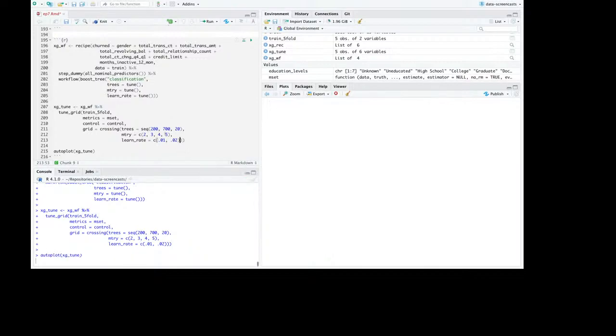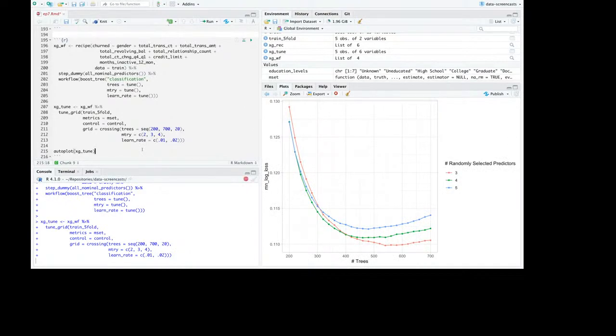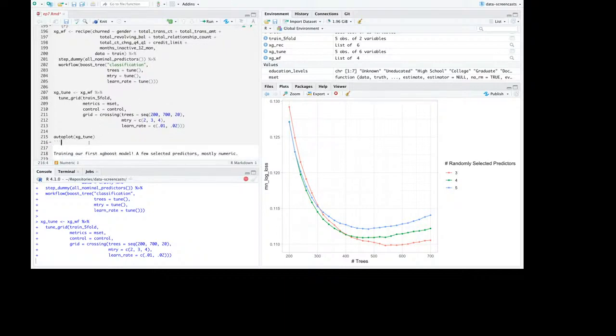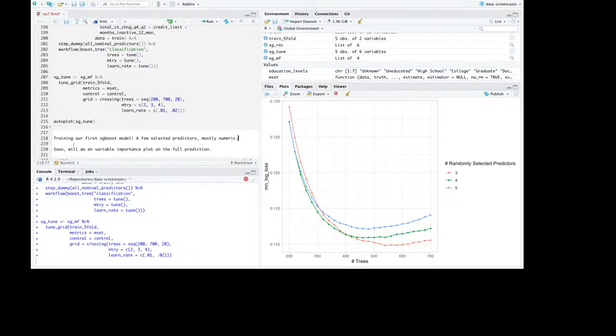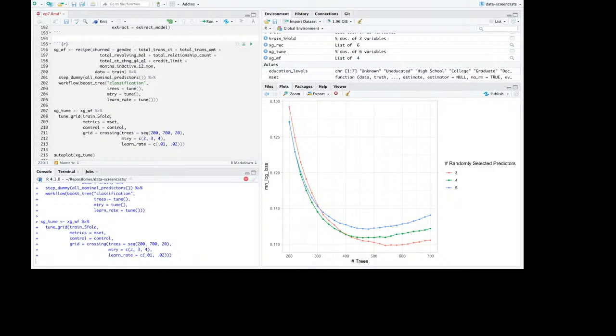And 5 is clearly worse, so I'm going to drop 5 out of the equation. This is only on a subset again of the predictors, like most of them are numeric except for gender.